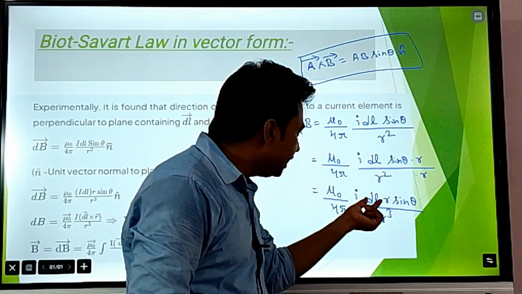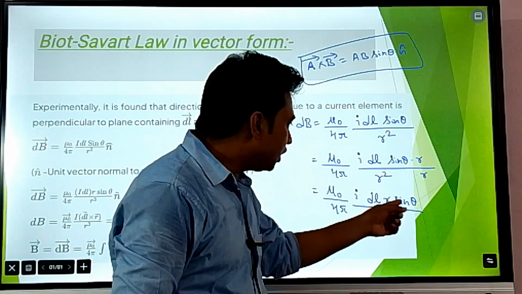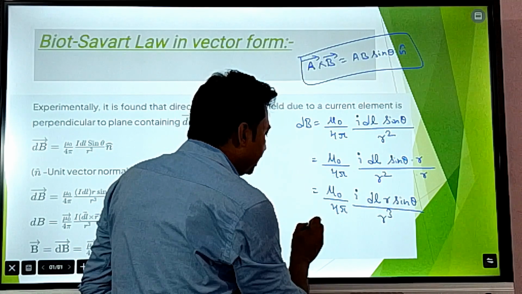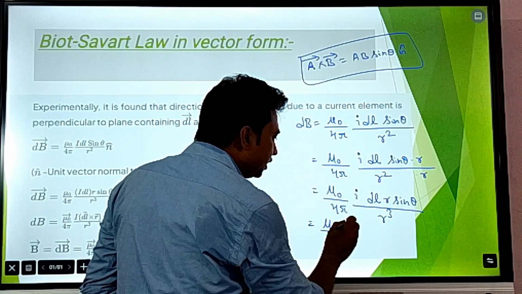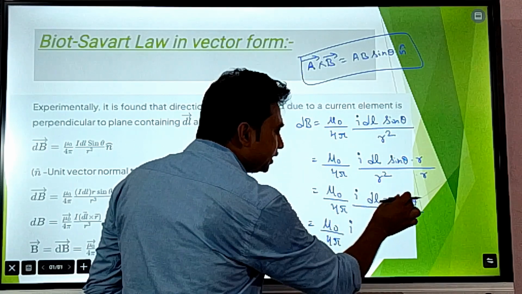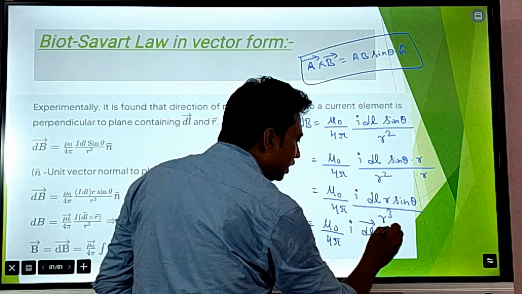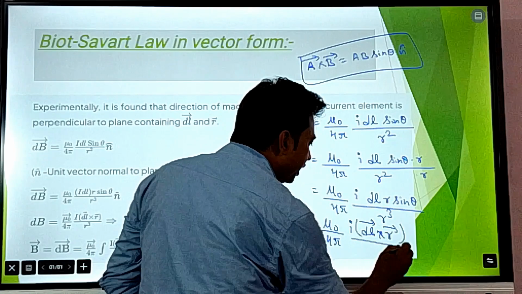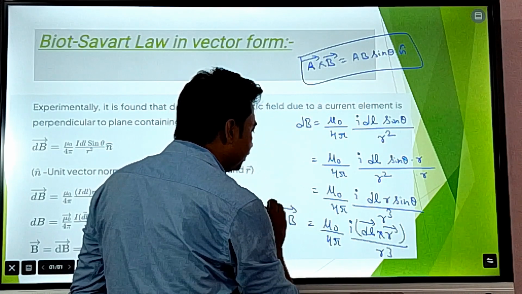That's why I have written dl before r. Are you getting it? So if we combine this, we get mu naught by 4 pi I, this dl r sin theta will become dl cross r vector by r cube. This is the magnetic field.